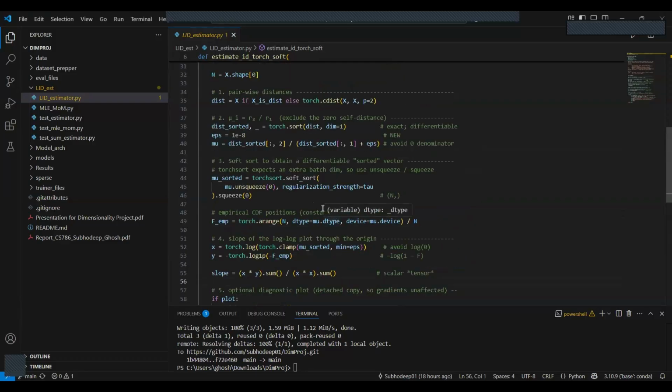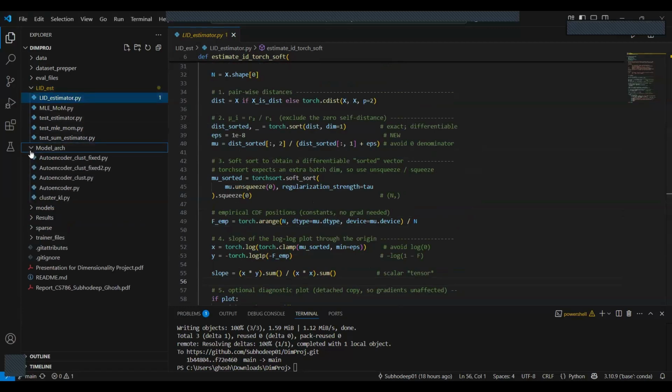And this is pretty accurate, even for high dimensional data sets, as compared to MLE or method of moments, where there is a need to depend on other distances, like we have to depend on the number of neighbors. Here, the number of neighbors is fixed, just two, but it's still very highly accurate.